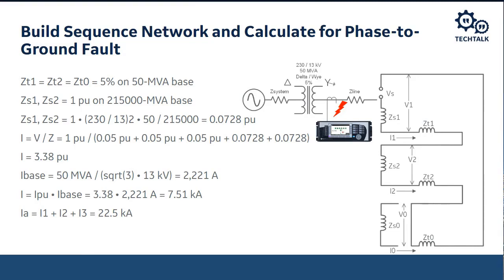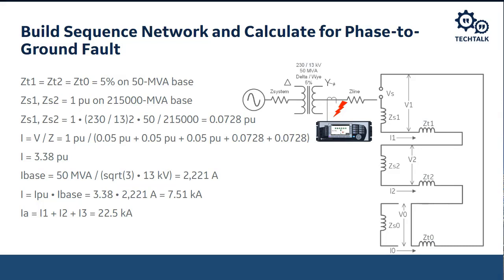The system positive and negative sequence impedance is 1 per unit on a 215,000 MVA base, right? So we need to convert that from that 215,000 MVA base to our 50 MVA base, right? So the way we can do that is with the third equation there.